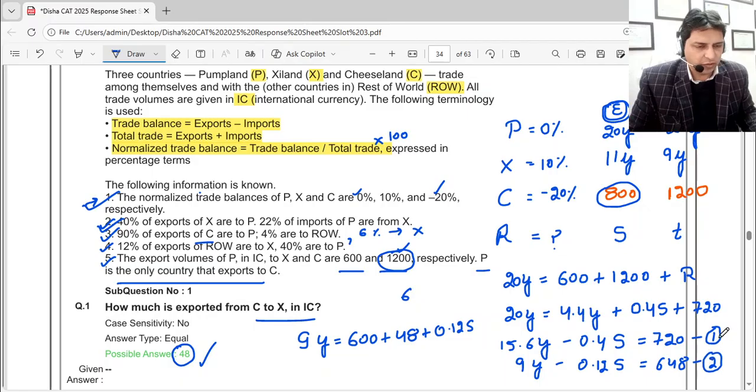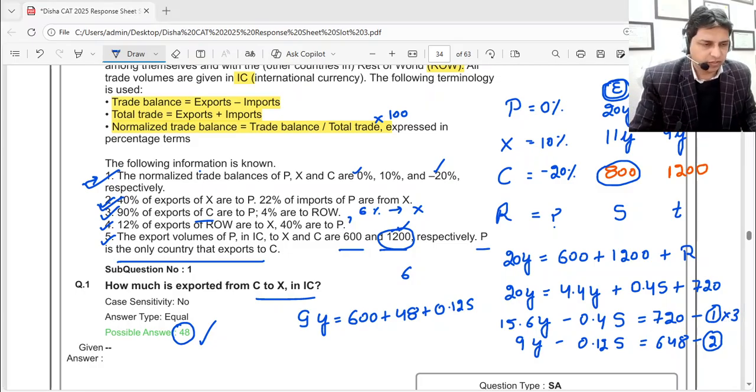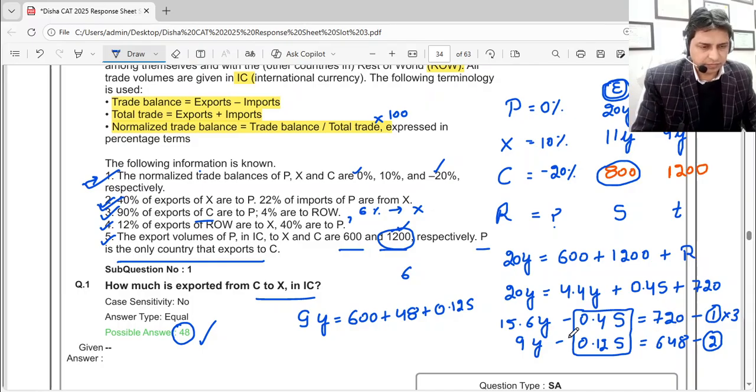We can multiply the equation 1 by 3. So we're going to get 15... This is 0.12, and then we can multiply it by 0.3, because we can make both of them equal if I multiply the first equation by 0.3, 3 by 10, that means 0.3.